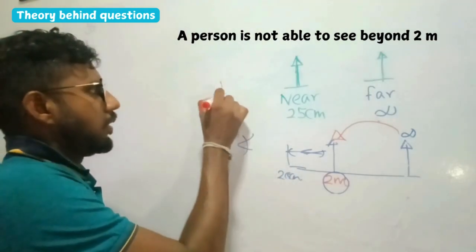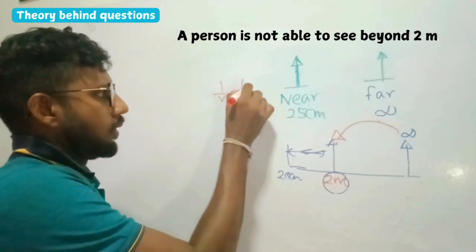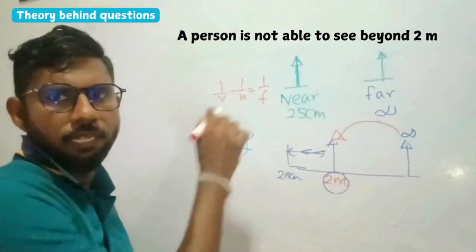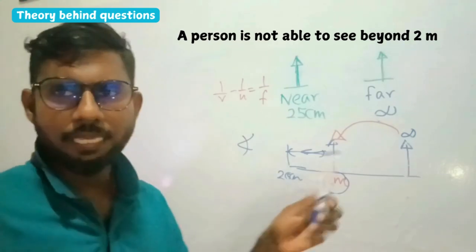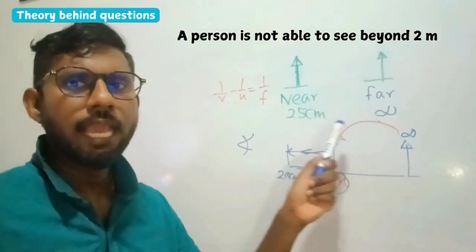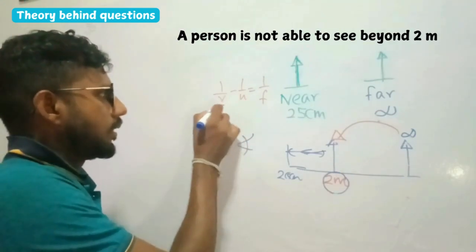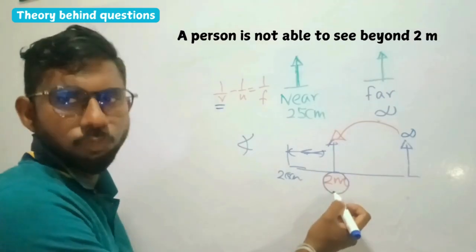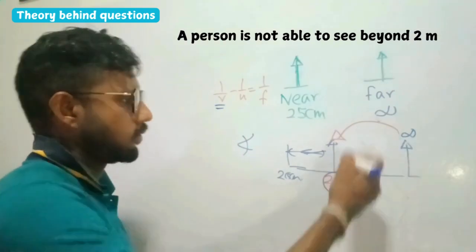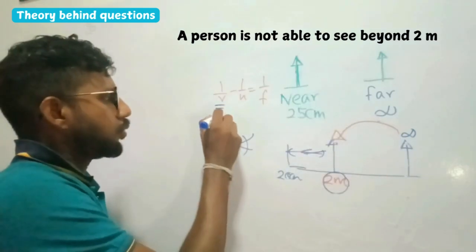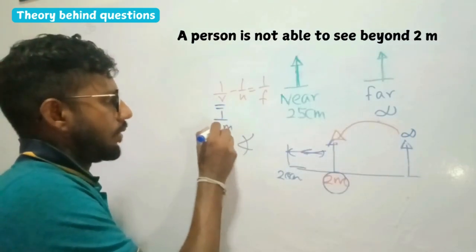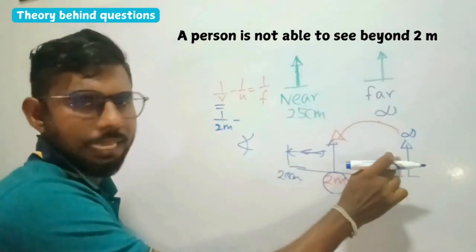1 over v minus 1 over u equals 1 over f. Let's apply the values. We are creating an image of infinity at 2 meters, so v has to be 2 meters because that's the image distance, and our object is at infinity.